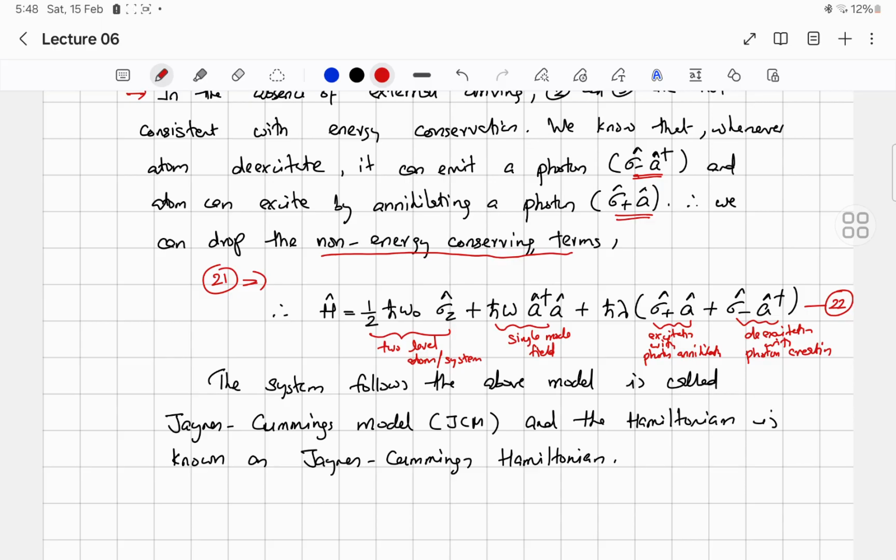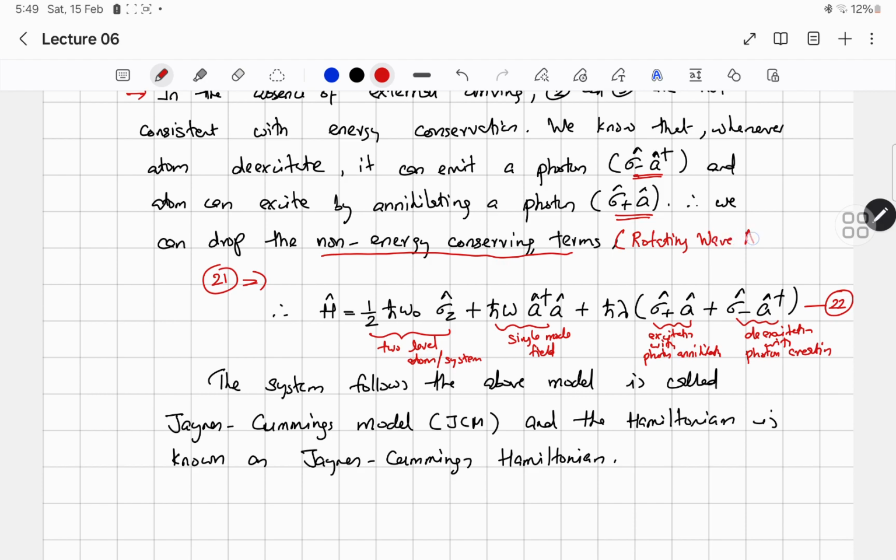We have considered a simplified model for the field, a single mode, and the atom is again a simplified thing, with only two possible levels. We consider the transition between only two energy levels, and we have also removed the non-energy conserving terms. The approximation for removing the non-energy conserving terms is called the rotating wave approximation.